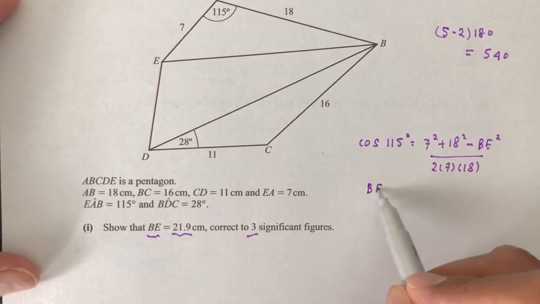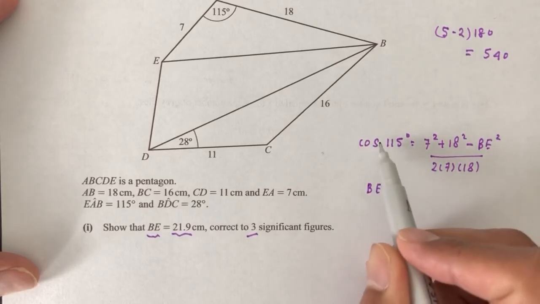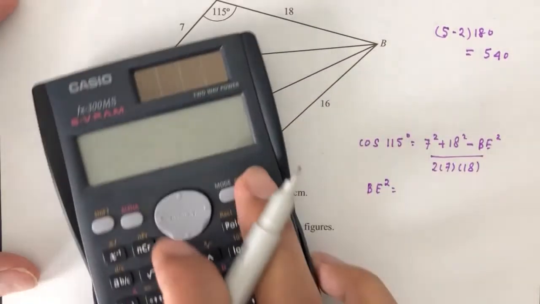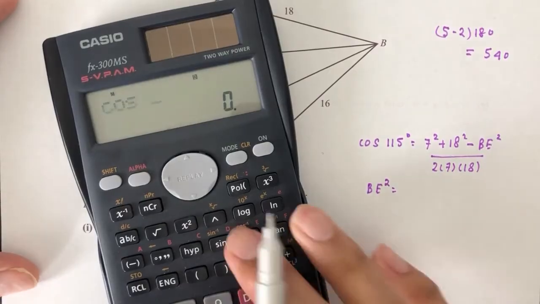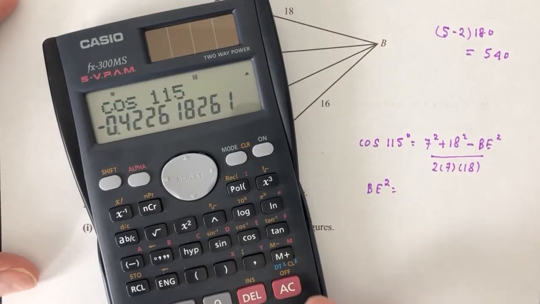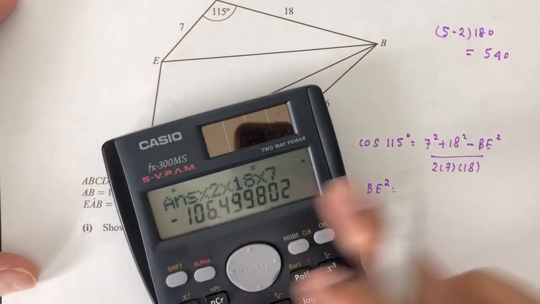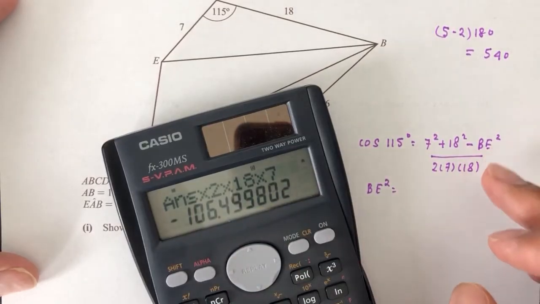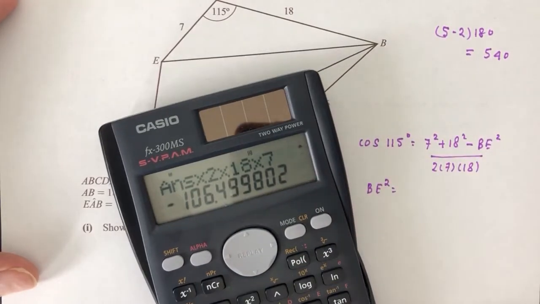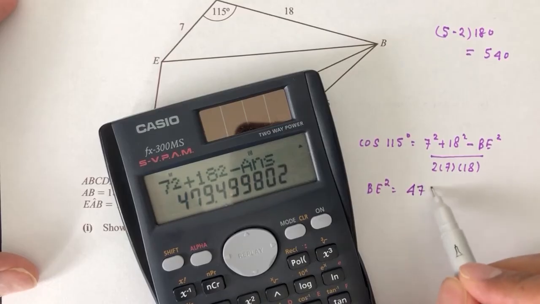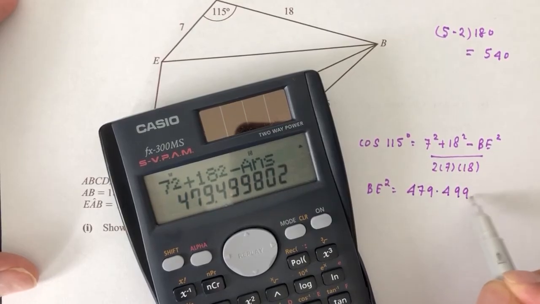So BE squared is equal to this times this, and then minus these two, right? So cos of 115 times 2 times 18 times 7, this much. If we send this over here, we will have 7 squared plus 18 squared minus answer, it will be 479.4998.